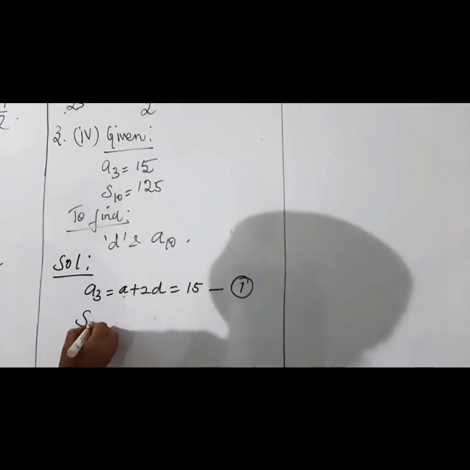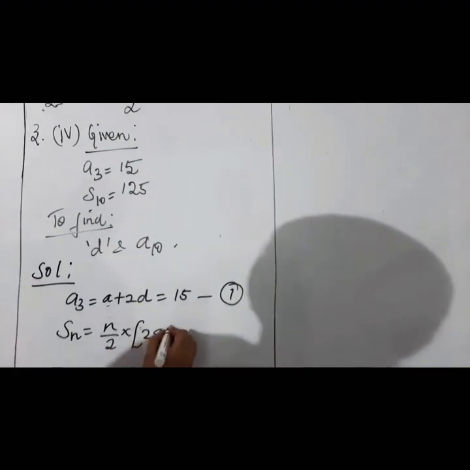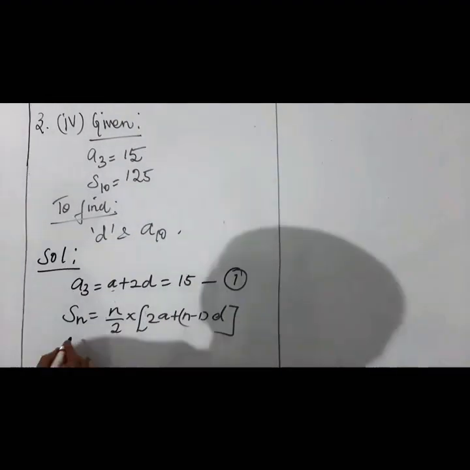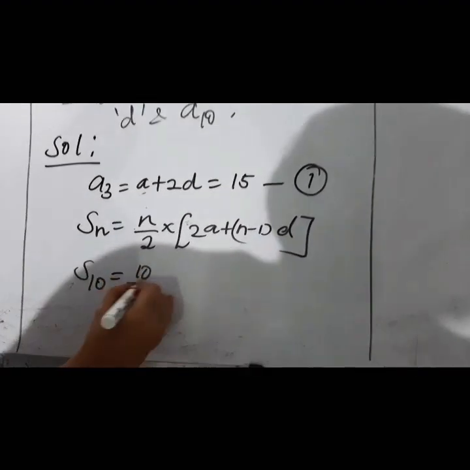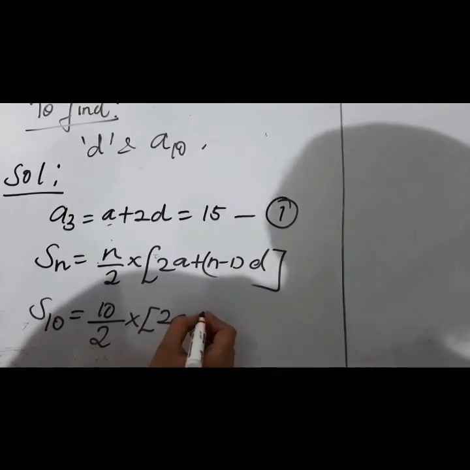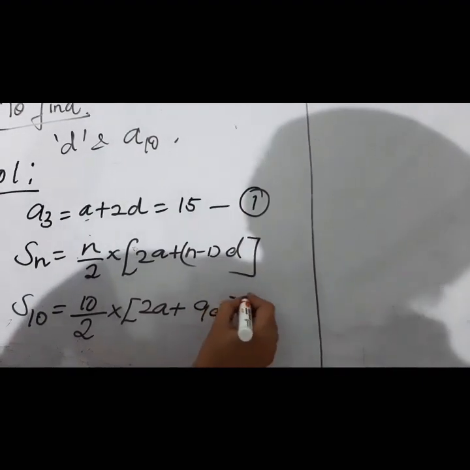And for Sn, what is the formula? n by 2 into (2a plus (n minus 1) into d). So substitute all the values here. S10 is equal to 10 by 2 into (2a plus (10 minus 1), that is 9, into d).